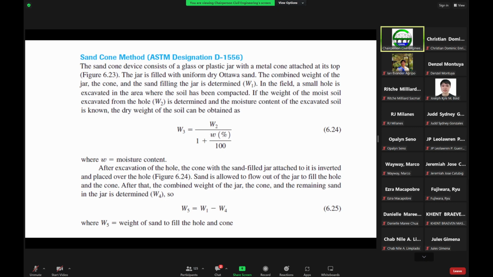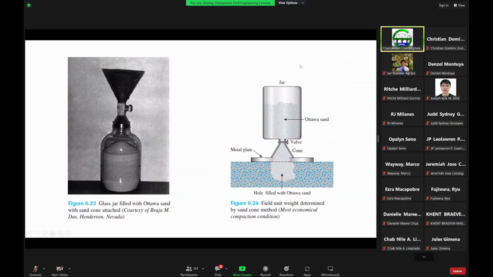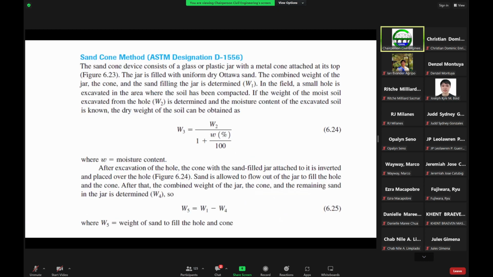Now, after the excavation of the hole, the cone with the sand-filled jar attached to it is inverted and placed over the hole, just like this one here. We invert this one, and then we allow the sand to flow out of the jar to fill the hole and cone.